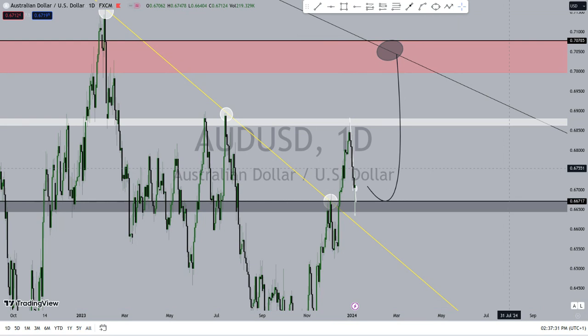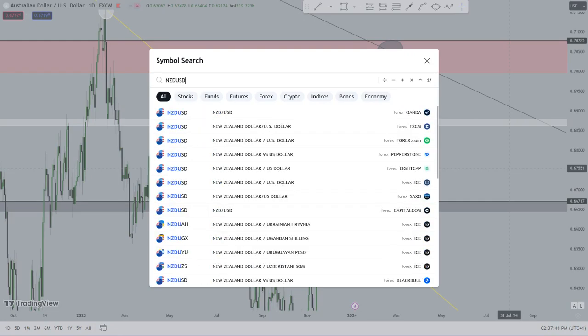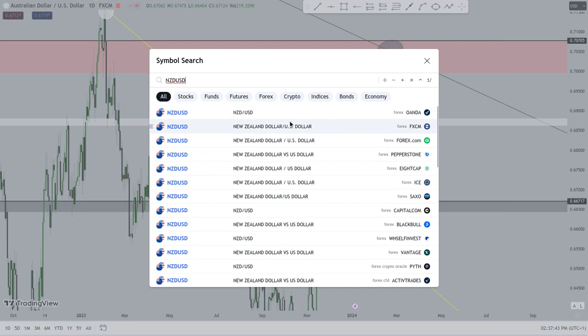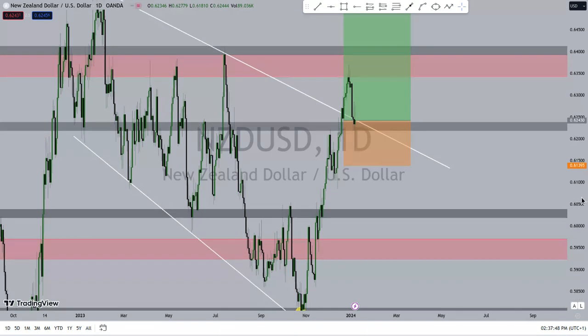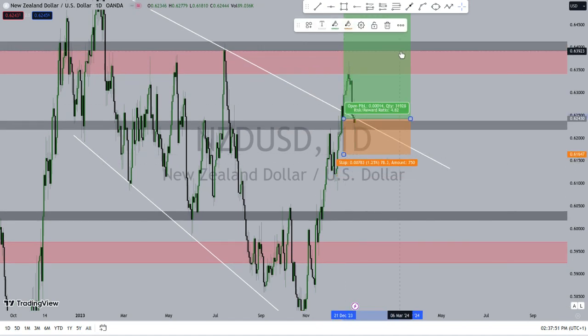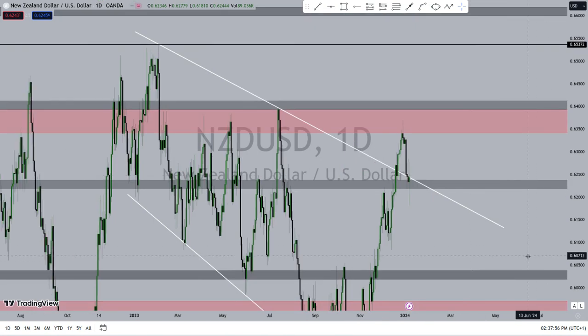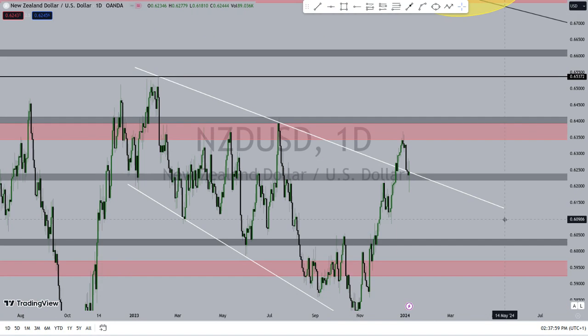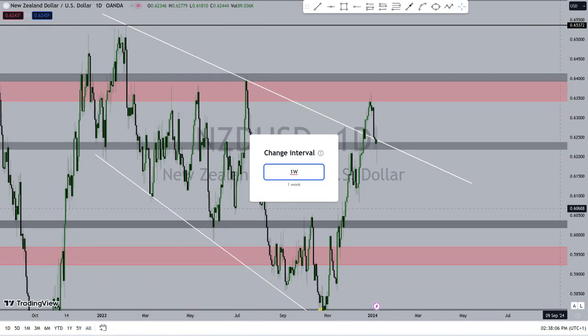So our next on our list we have NZD USD. NZD USD currently, let's go to a weekly time frame and let's see things clearly.